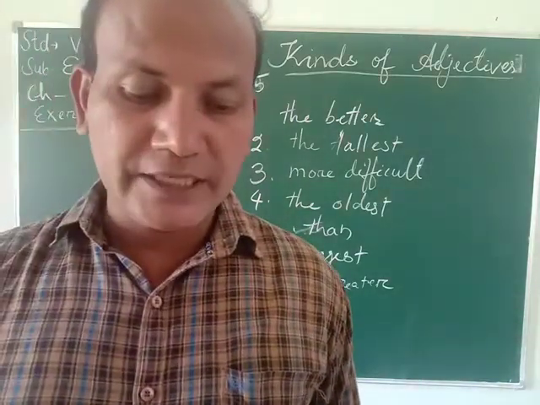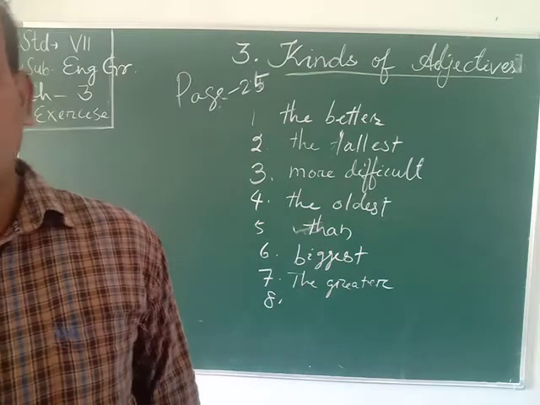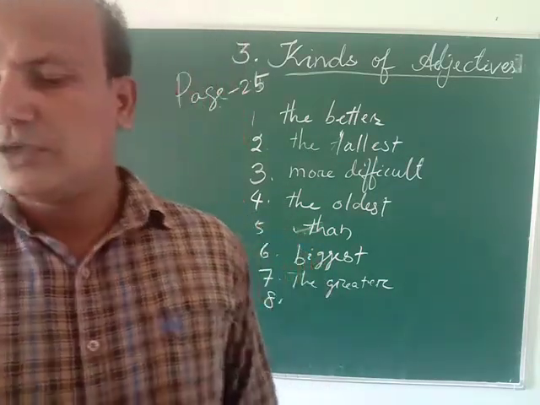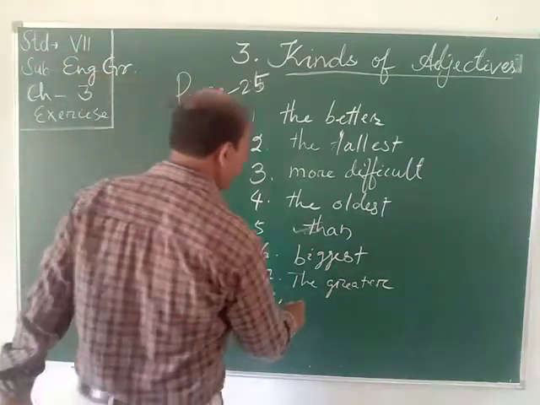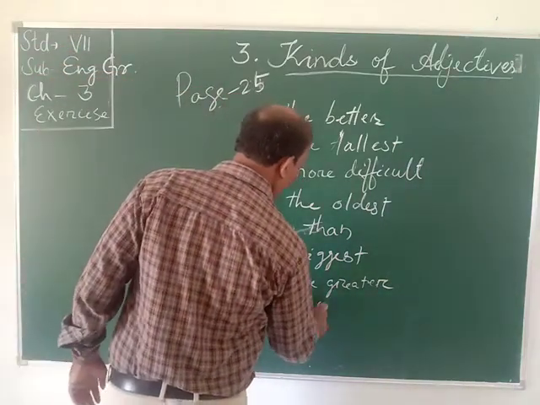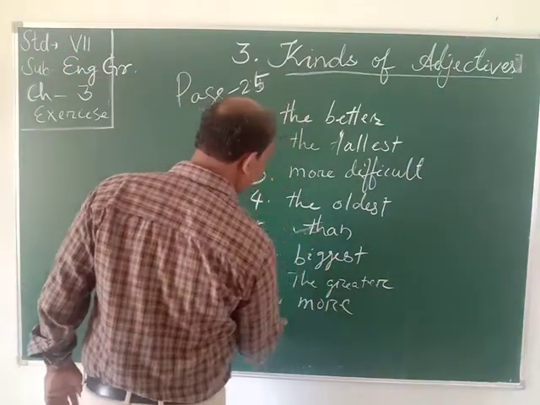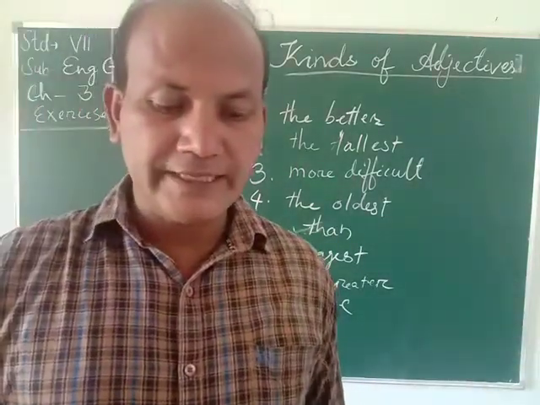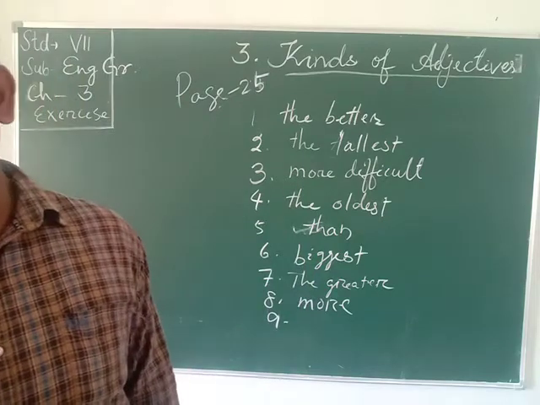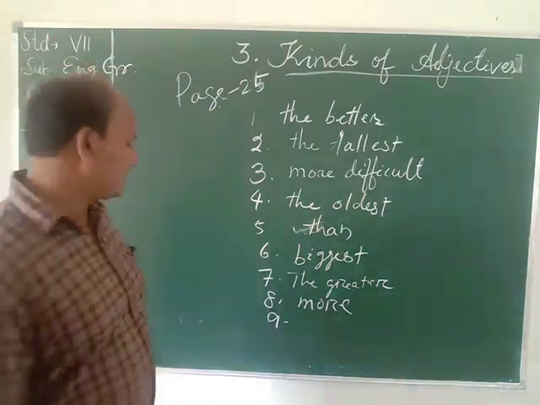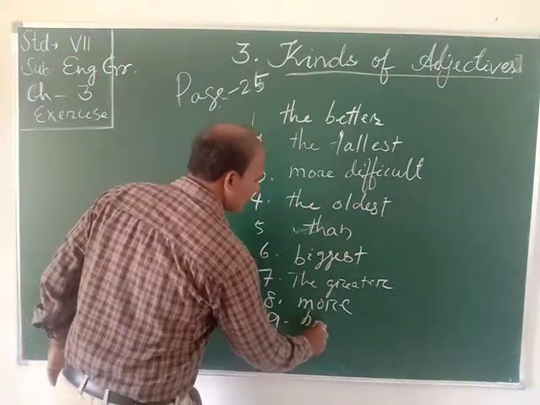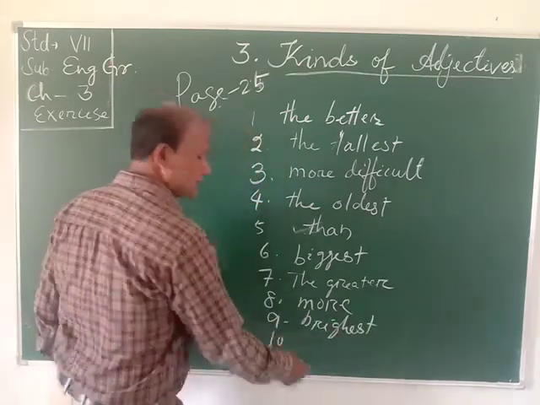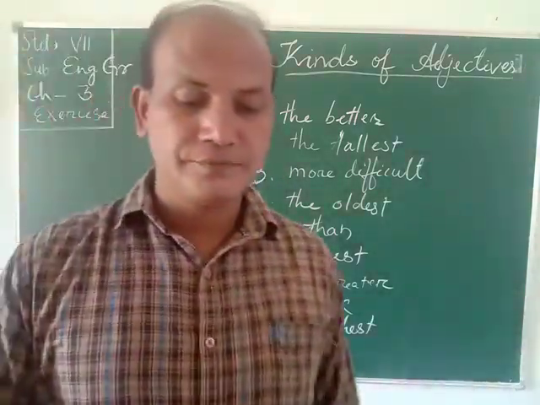The most miserly of the two brothers will donate some money today. The most miserly is wrong. The more miserly. Instead of most, you write more. Question number 9. She is the brighter star of the class. No, she is the brightest. B-R-I-G-H-T-E-S-T, brightest.